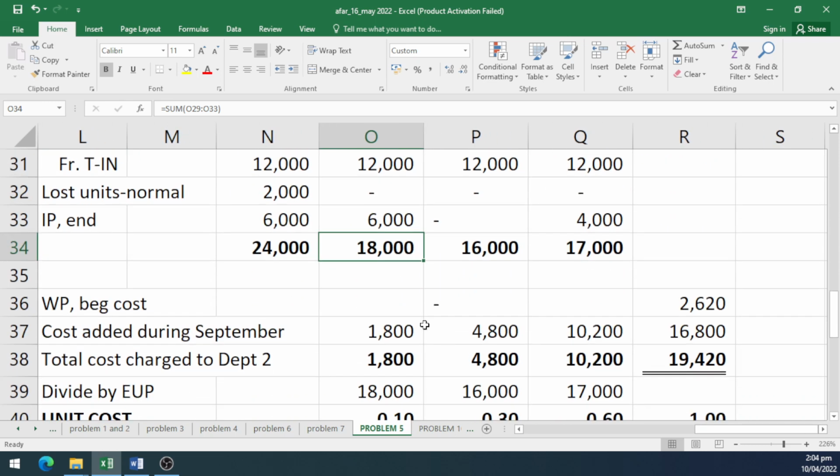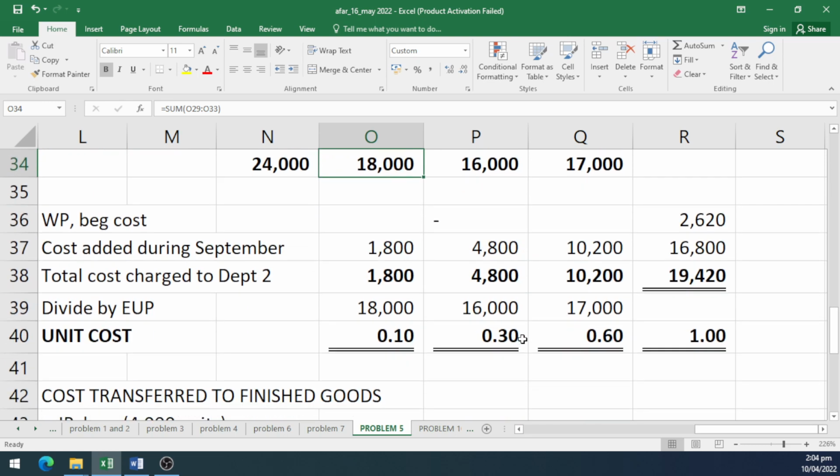So, these are the EUP: 18,000, 16,000, 17,000. Again, pag FIFO, we will not include the cost of work in process beginning in computing the cost per EUP. But of course, it is added in the total cost, in the cost added during the department to determine the total cost charged to the department.